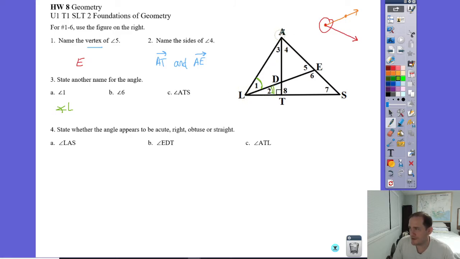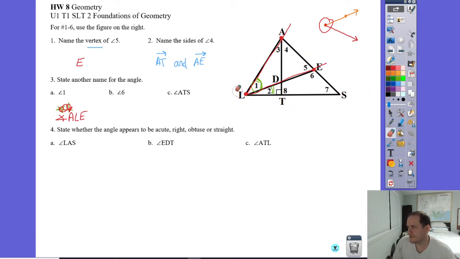Angle L could even be angle ALS for all we know. So if I want to rename angle 1, I have to use that method where I use 3 points. So since angle 1 has a ray that passes through A and another ray that passes through E, and since its vertex is at L, one good name for angle 1 would be to name it ALE. So that was no good, but angle ALE is great.